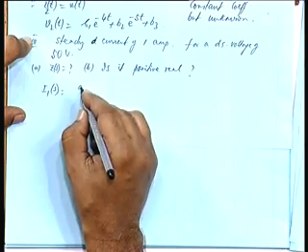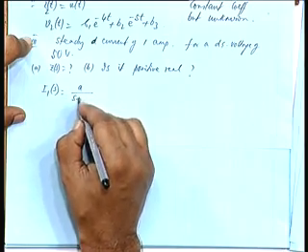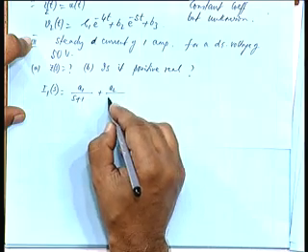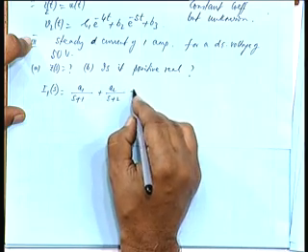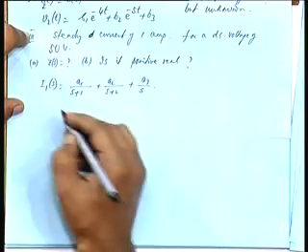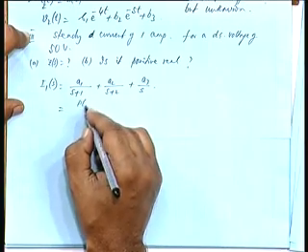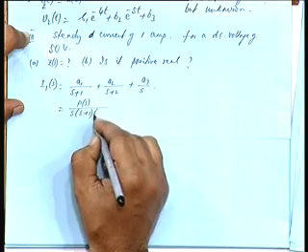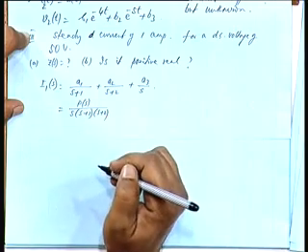I1(S) is A1 by S plus 1 plus A2 by S plus 2 plus A3 by S. So, that will be some P(S) by S into S plus 1 into S plus 2.